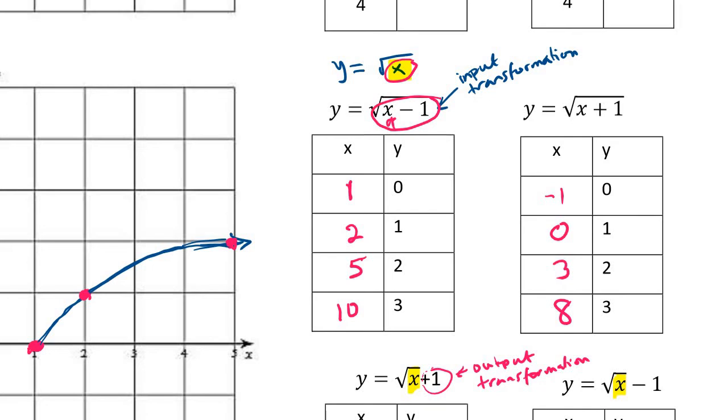I want to clarify it and say this input transformation is a horizontal translation 1 unit right. So go back to your notes and put here: input transformation is horizontal translation 1 right. I want to emphasize the right because you're going to see what happens with the other one now.